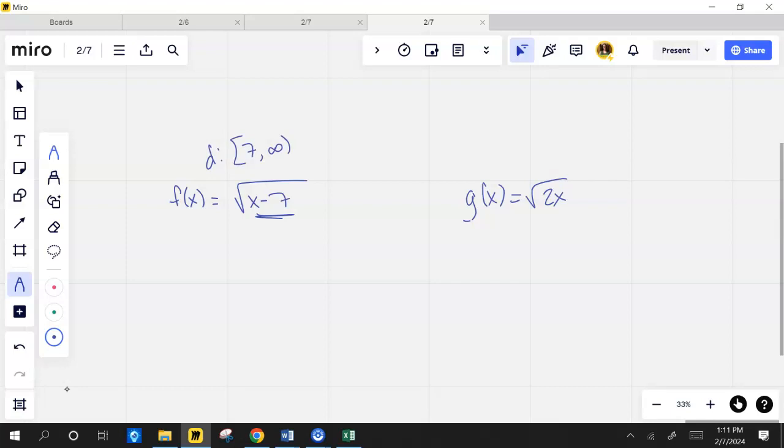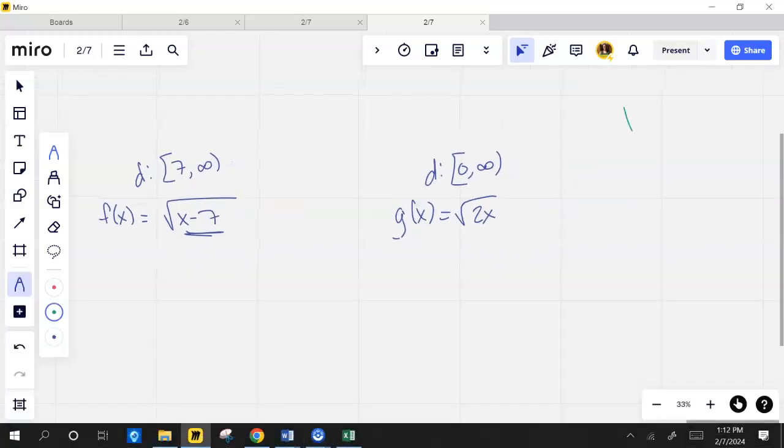Yes? How about the domain on G? Anybody confused on that? Okay, so when I have a radical, it doesn't matter what's under here. Whatever's under there has to be greater than or equal to 0, and you just solve that inequality.